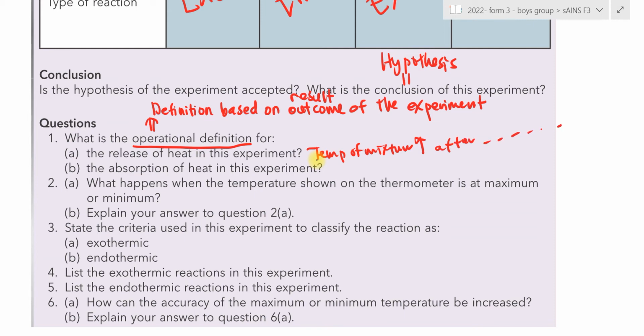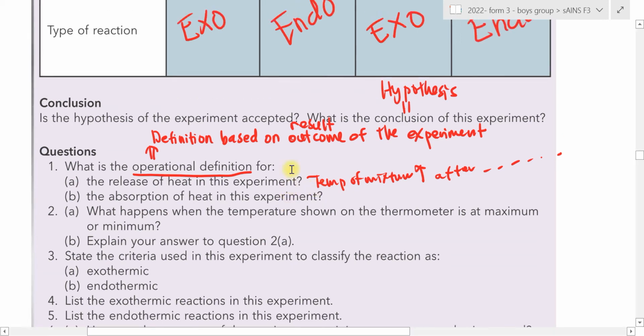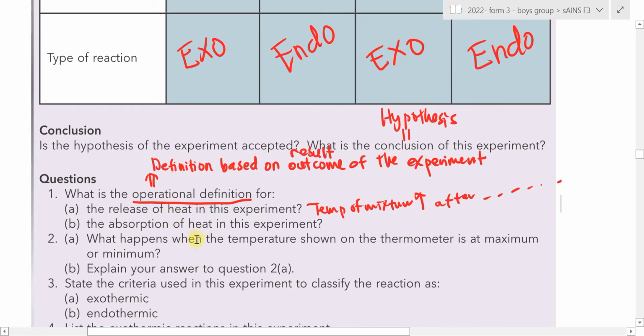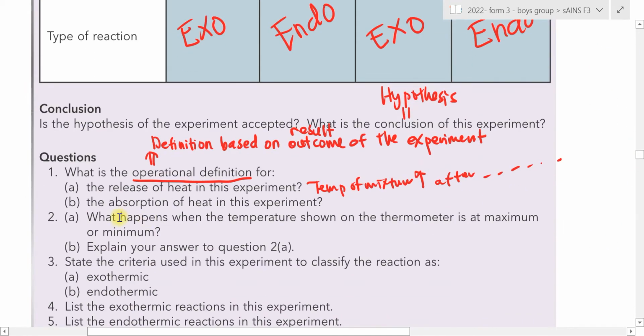What is heat absorption? The temperature of the mixture decreases after the chemical reaction takes place. Something like that. You just make a sentence with your own creativity, but make sure you define it according to the result of the experiment here.